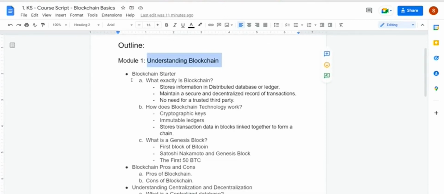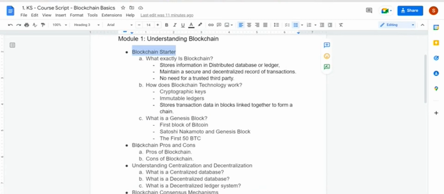The first point we will be talking about is blockchain starter. In the blockchain starter, we'll be talking about what exactly is blockchain, how does blockchain technology work, what is a Genesis block.